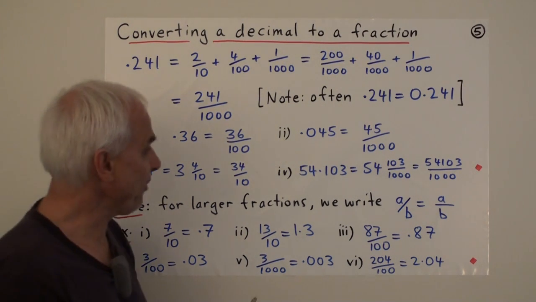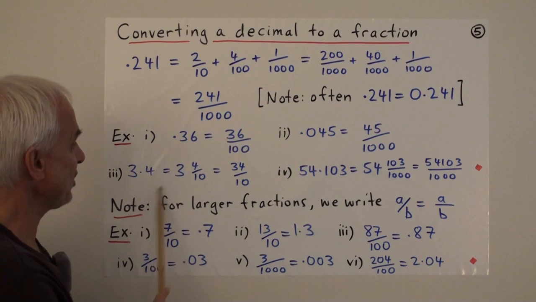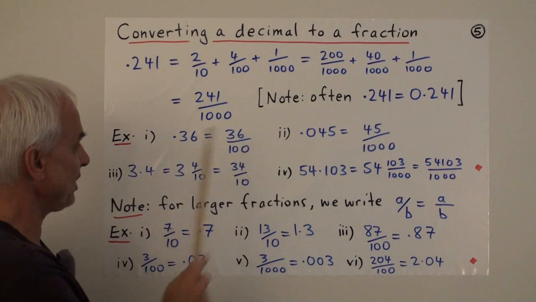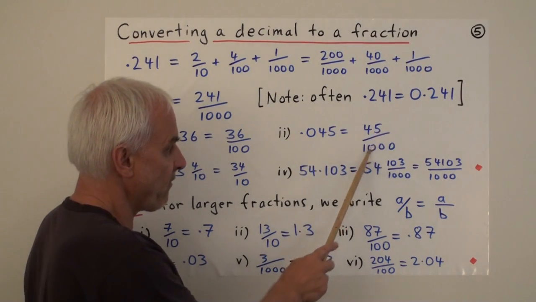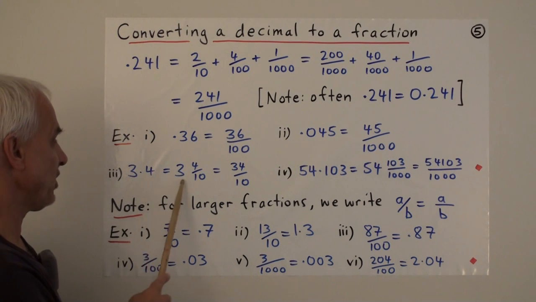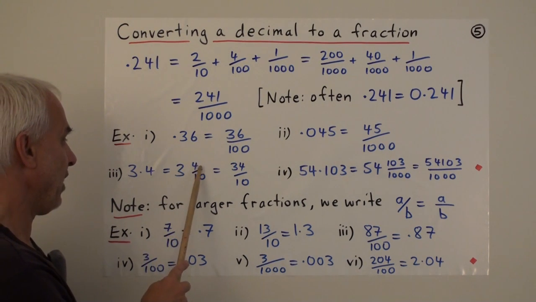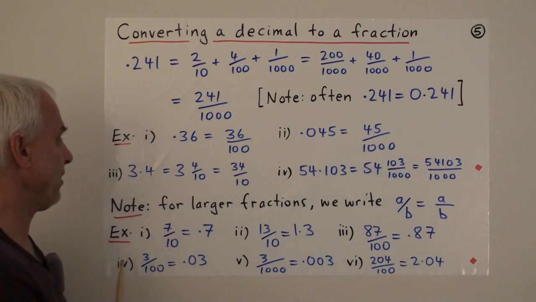So here's some other examples of converting decimals to fractions. 0.36 is the same as 36 over 100. 0.045 is the same as 45 over 1000. 3.4, which is the same as 3 and 4/10, can also be written as 34 over 10.